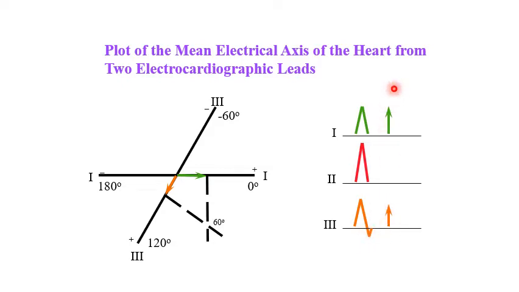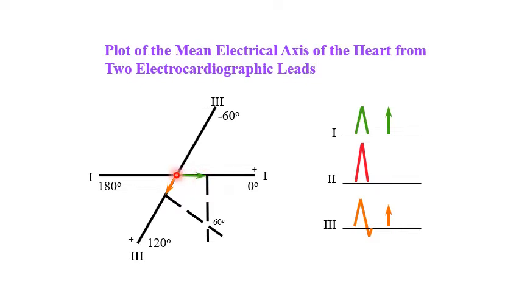We can measure the length of the wave, the algebraic sum of the height and the depth. This is the axis of lead 1, and lead 3, as you can see here, is at positive 120 degrees. Between 1 and 2, it's positive 120.